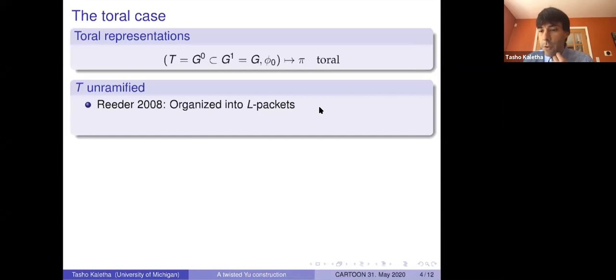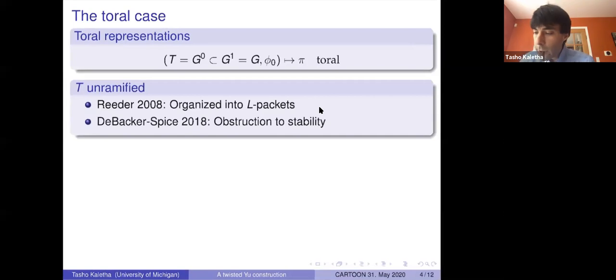Reeder gave a construction of them, and then there was a question of stability, which also arose in Alex's talk. In this particular situation, the question is, if you take the sum of the Harish-Chandra characters of all members in the L-packet, is the resulting function invariant under stable conjugacy, which is conjugacy over the algebraic closure. And this was studied by DeBacker and Spice in a paper published in 2018, although the work was done a couple of years earlier.